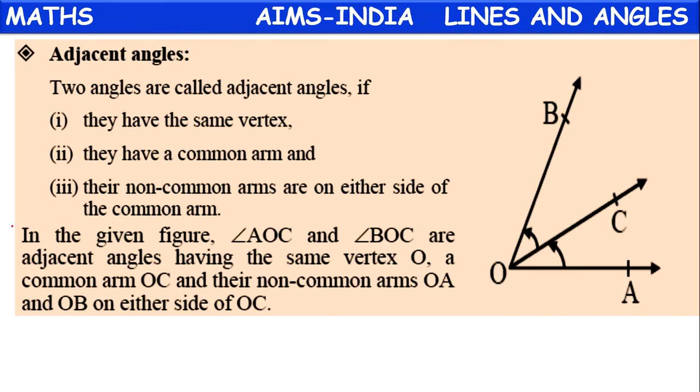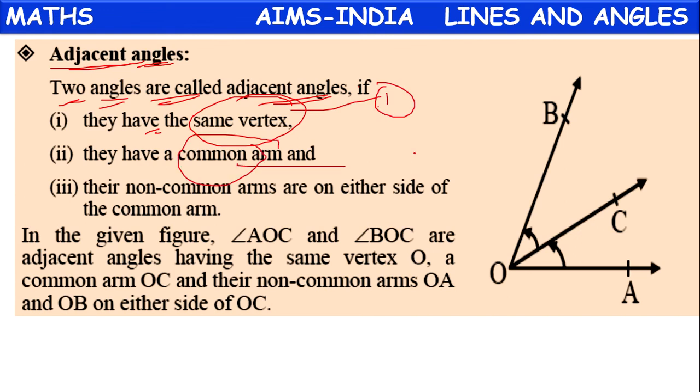So next concept, children, regarding adjacent angles. Two angles are called adjacent angles if they have the same vertex. First point, same vertex. Second point, they should have a common arm.